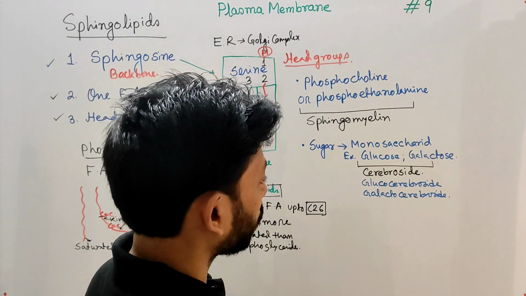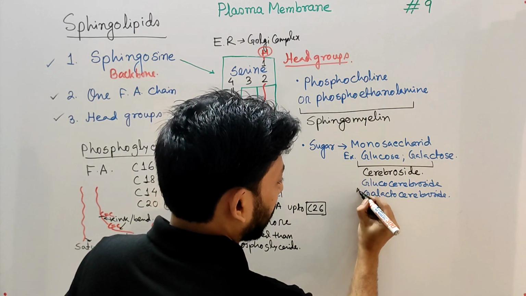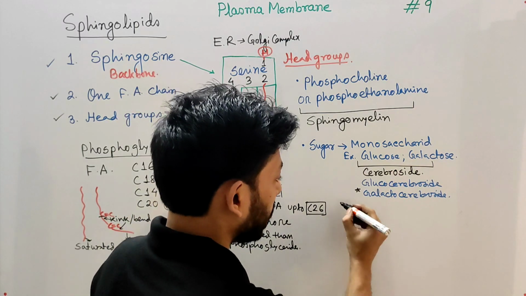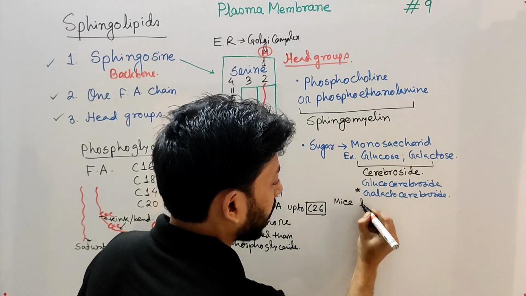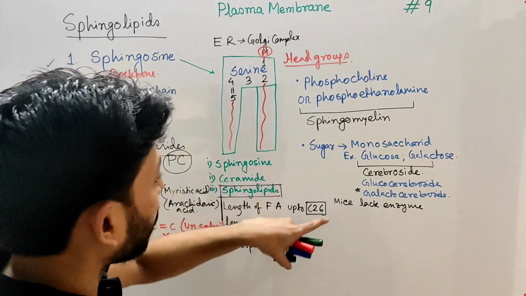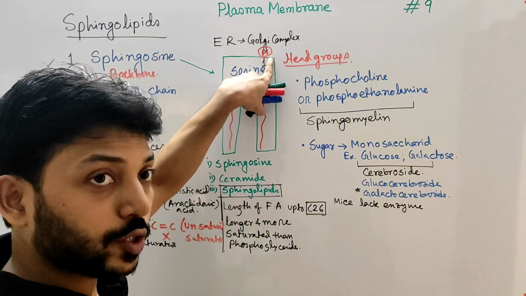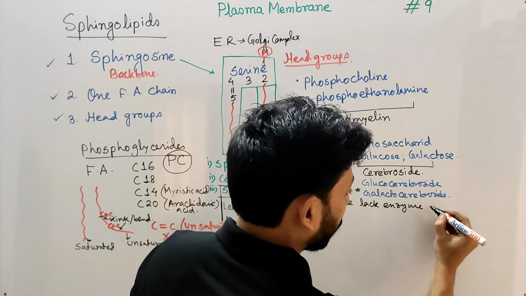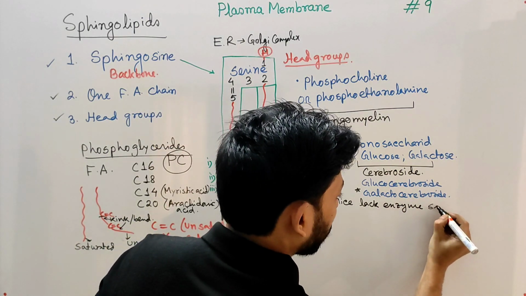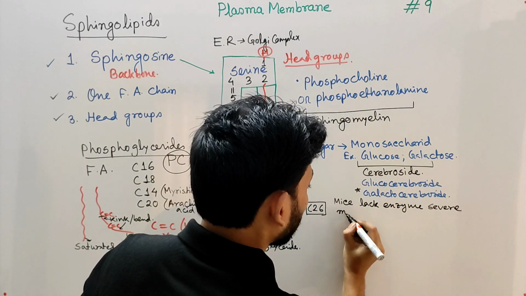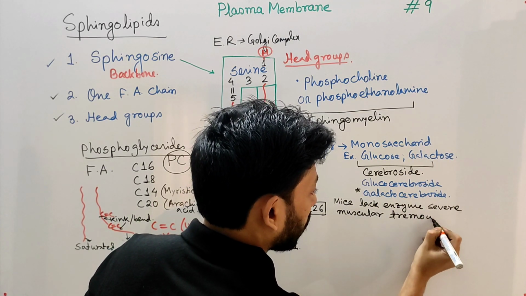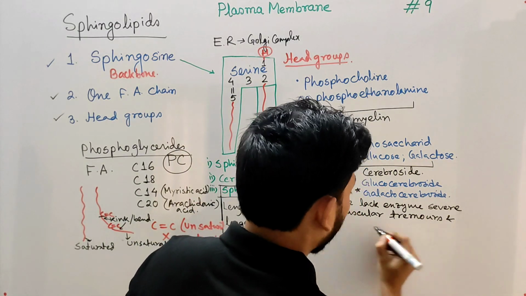Now one piece of information I want to share is that this galactocerebroside is abundantly found in the myelin sheath, and mice that lack the enzyme that can attach the galactose to the head group exhibit neurological symptoms like severe muscular tremors, and eventually paralysis.